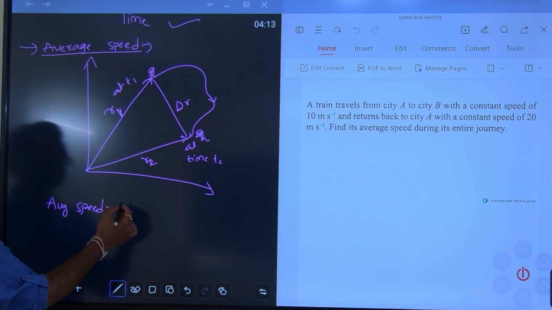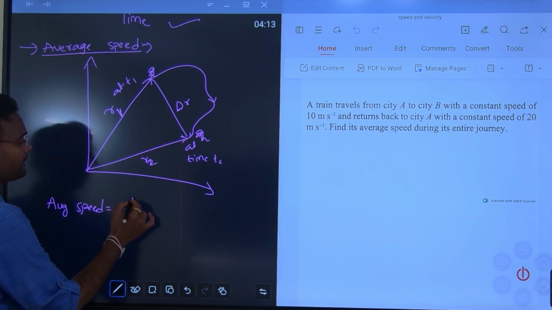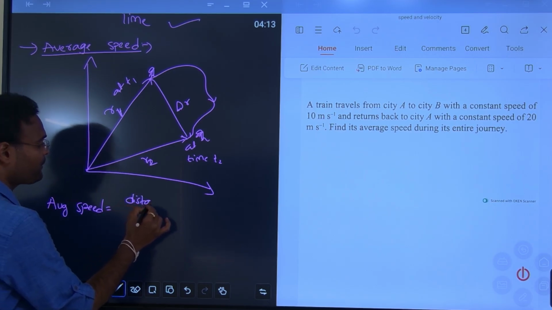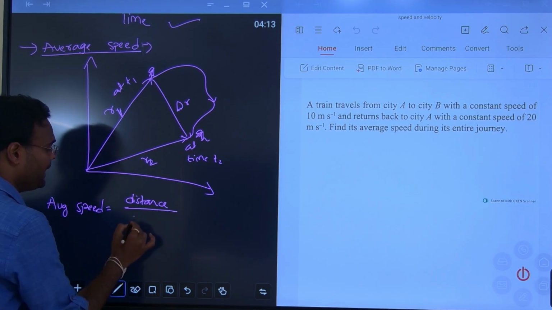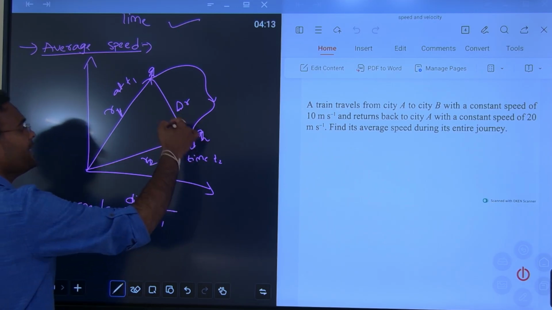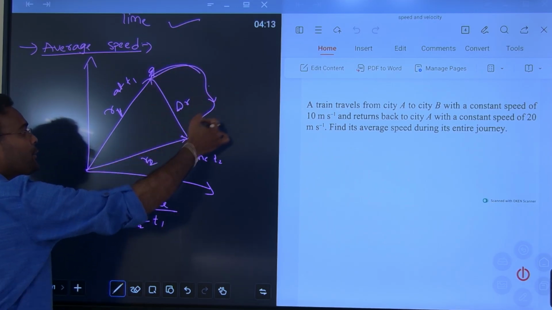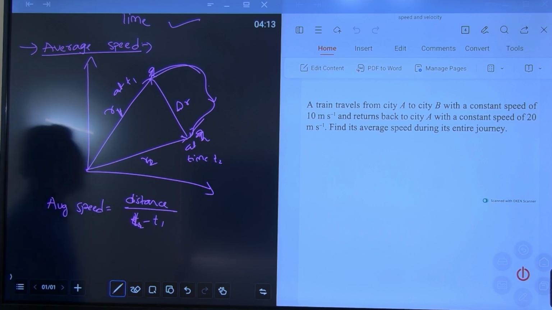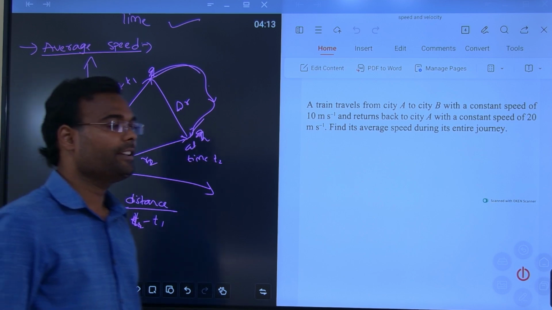Now speed is equal to distance traveled by t2 minus t1, the time taken to travel here to here, and this is what is average speed.